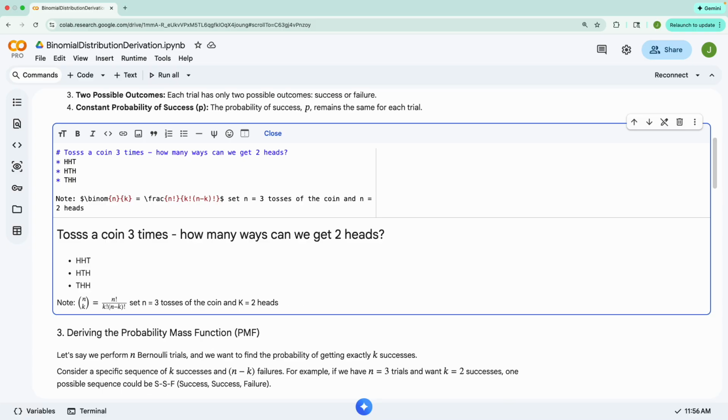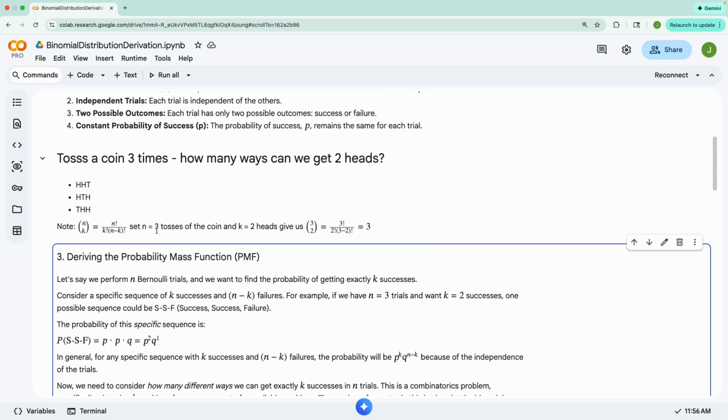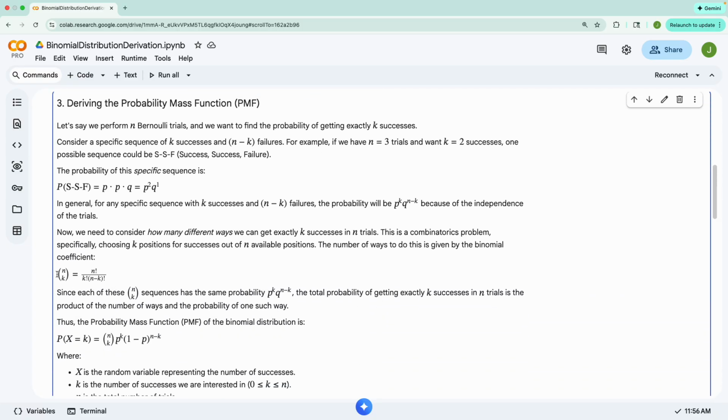So this will give us 3 choose 2, which is equal to 3. So we know we have them all, and we listed them right here. This combinatorial object counts them correctly, and so the probability of having k successes out of n trials is given by this binomial formula.